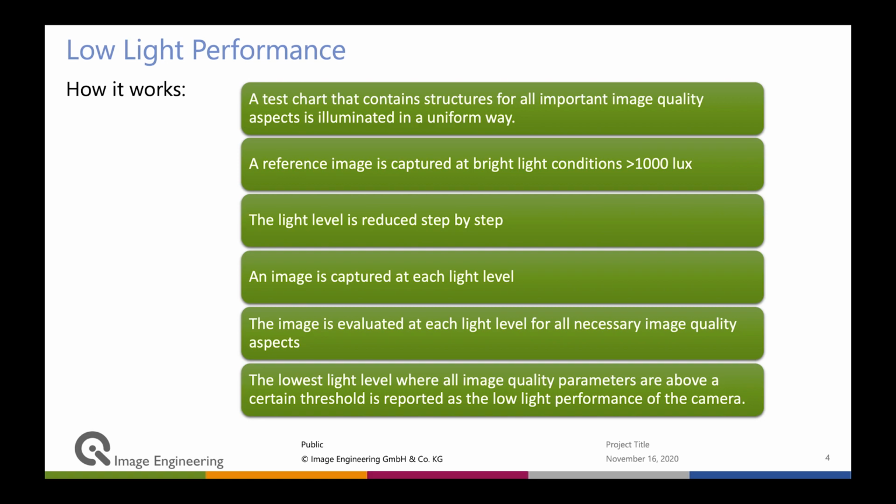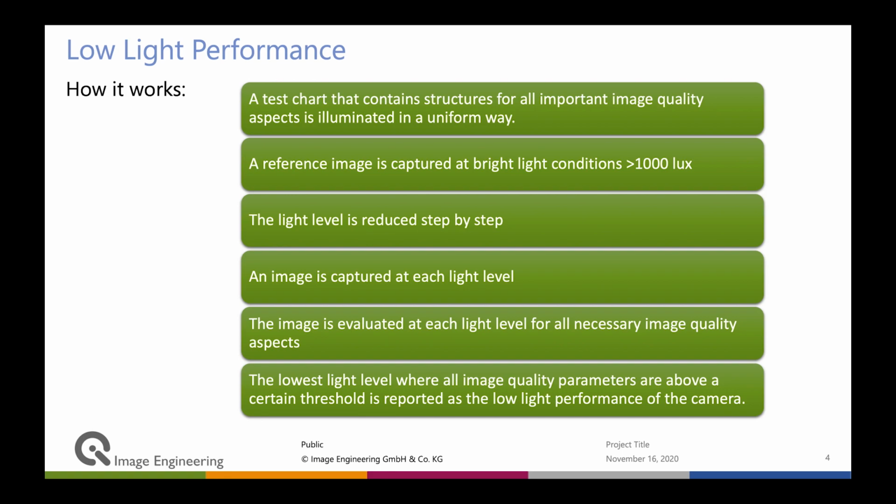That is a multipurpose test target showing different structures that allow you to measure the important image quality aspects or key performance indicators in one target, so that the device cannot work differently. If you once take color and then measure noise in a different process, you do it under exactly the same conditions. And that's important with today's mobile phones.